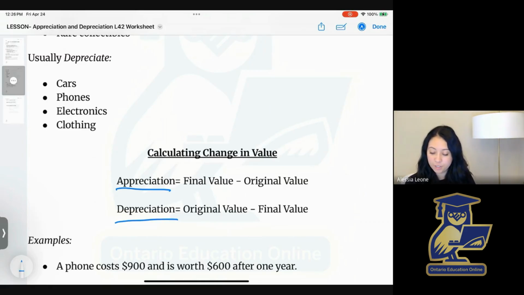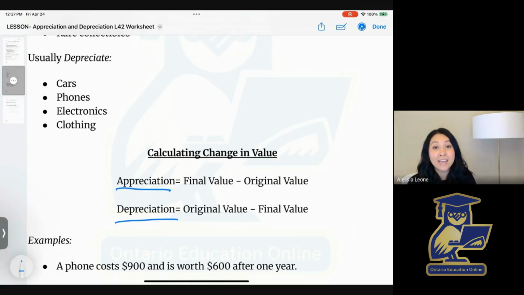And for depreciation, we're going to flip it. We're going to take the original value and we're going to minus the final value. So something like a car. Maybe you have a car that's 10 years old today, let's say. I have a 10-year-old car. So I'm going to say the original value of my car was maybe $60,000.